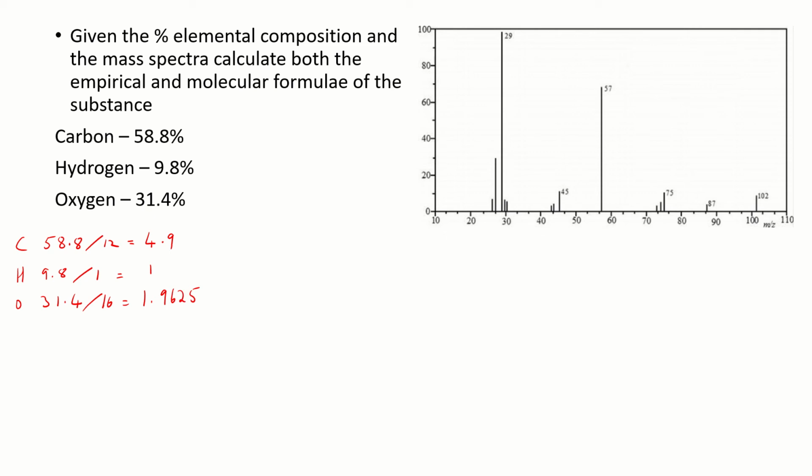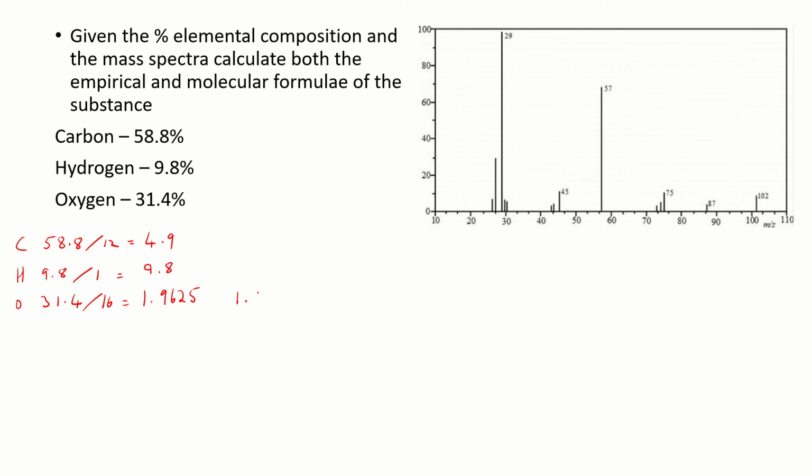Now, once we've got the moles, we want the simplest ratio between them. So we want whole number values, integers, 1 to something or 2 to something, as it might end up. The way we get that is whichever one of these three values is the lowest, you divide them all by the lowest value.